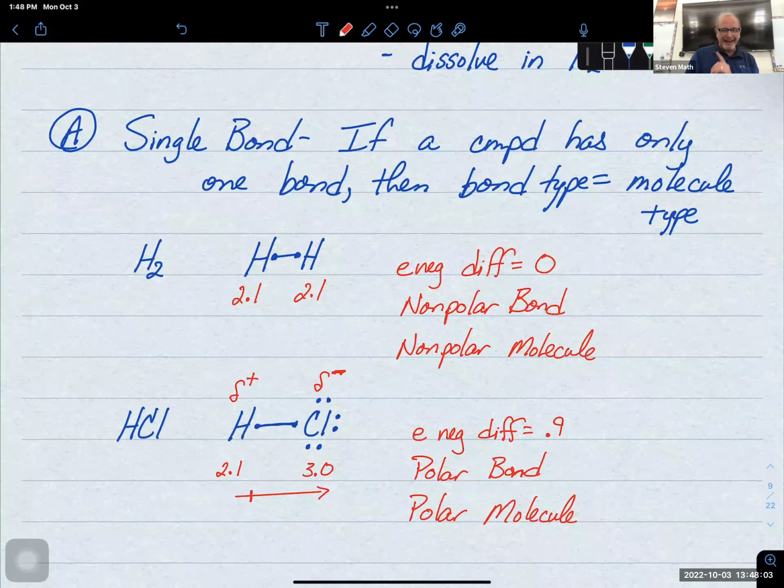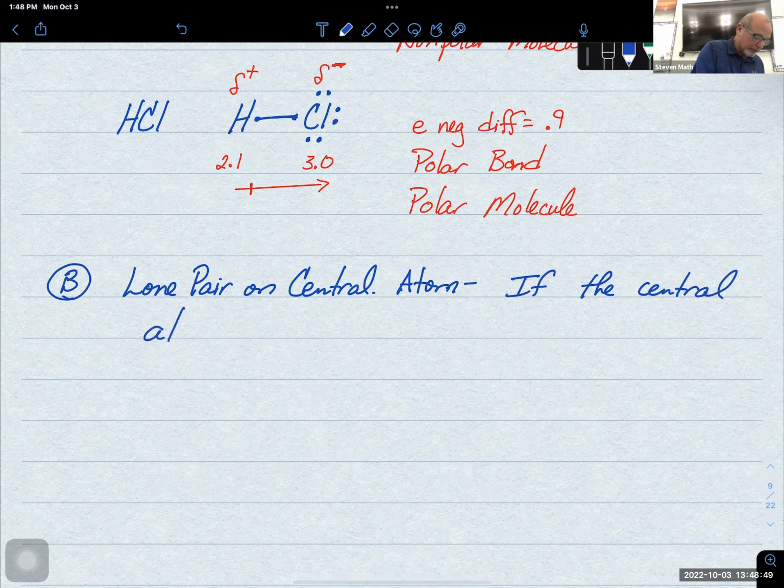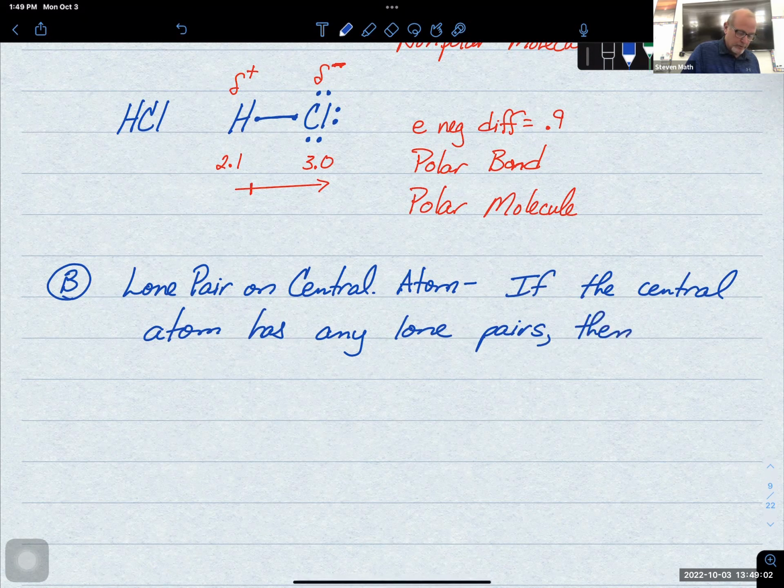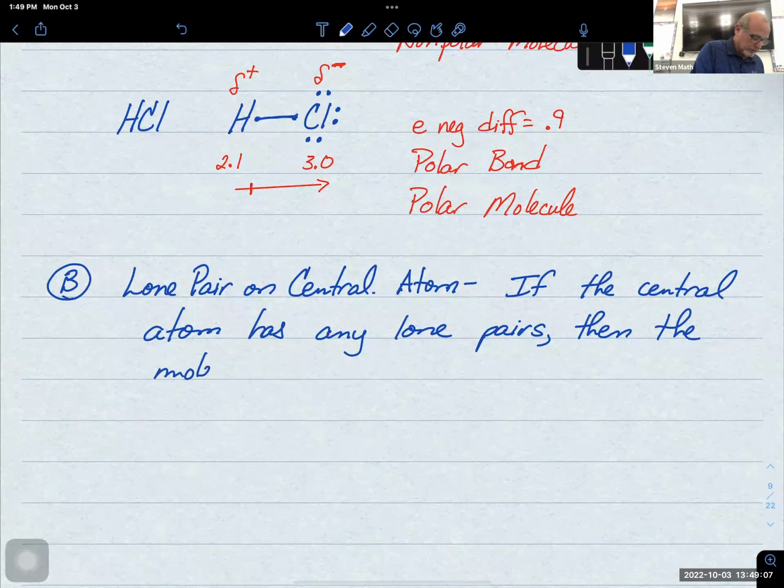So let's use our words. If the central atom of a Lewis structure has any lone pairs, then the molecule is polar.